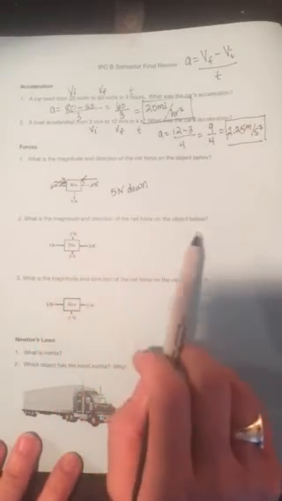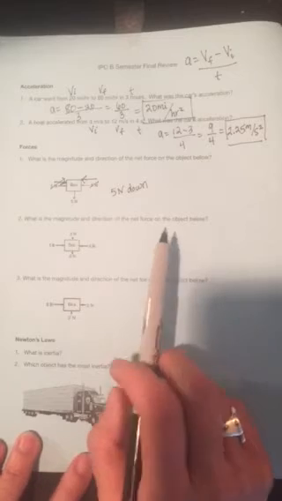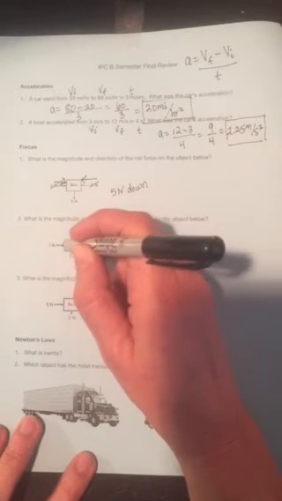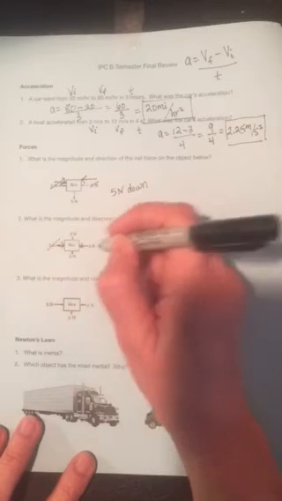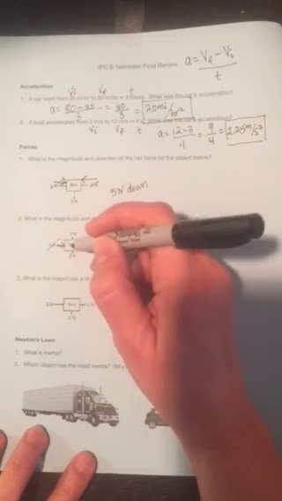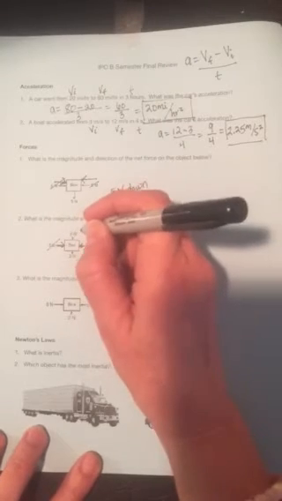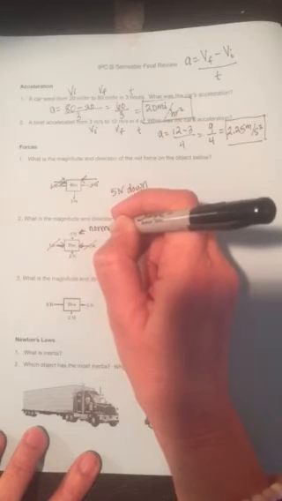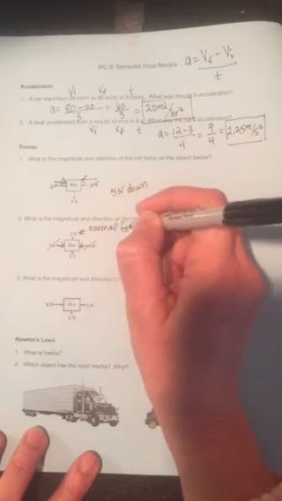What is the magnitude and direction of the net force on the object below? We have 5 newtons going to the left, 5 newtons going to the right, so those two cancel each other out. We have 5 newtons going up and 5 newtons going down. Sometimes you will see the force going up called the normal force.